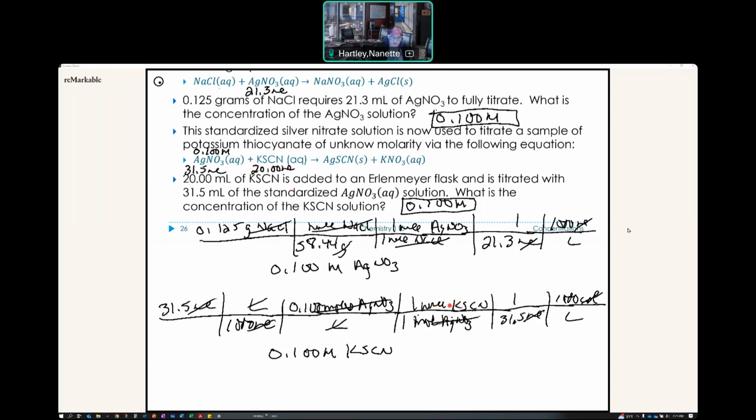So then I've got moles of KSCN. I wanted molarity, so now I have to divide by the volume. So I divide by the 31.5 milliliters that they told me. Wait, hold on, wrong volume. Oops, this does not go here. I have to divide by this volume, 20.00 milliliters. Of course, it's going to change the answer.